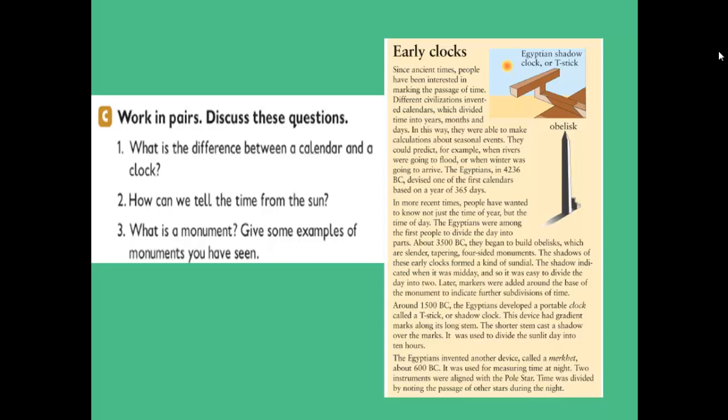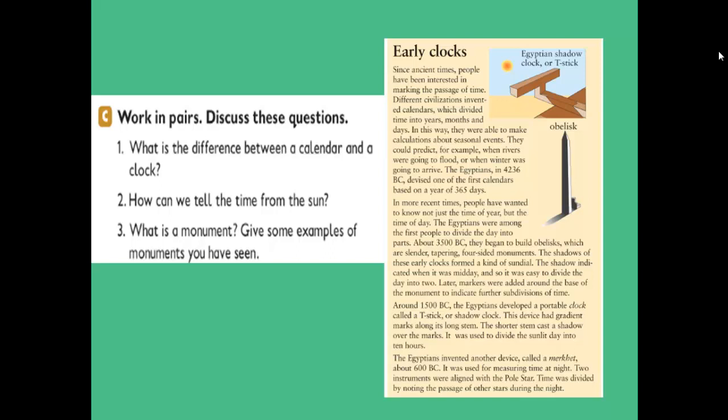The shadows of these early clocks formed a kind of sundial. The shadow indicated when it was midday, and so it was easy to divide the day into two. Later, markers were added around the base of the monument to indicate further subdivisions of time.